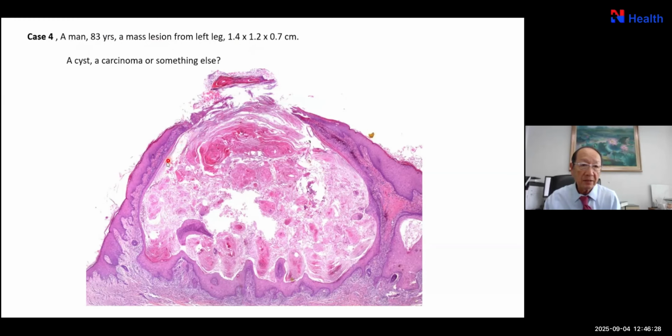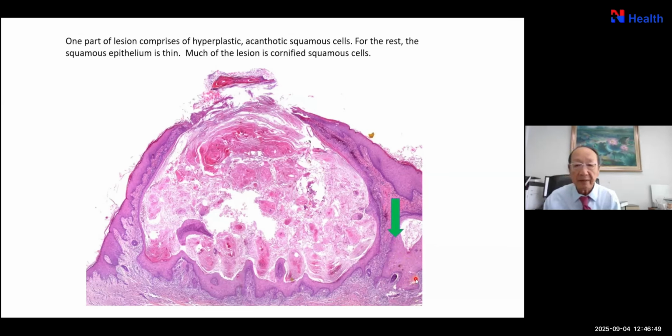One part of the cyst is lined with thin squamous epithelium. It has some papillomatosis here, and there's a small part of the lesion that still has hyperplastic epithelium, a large number of squamous cells. It's this area.